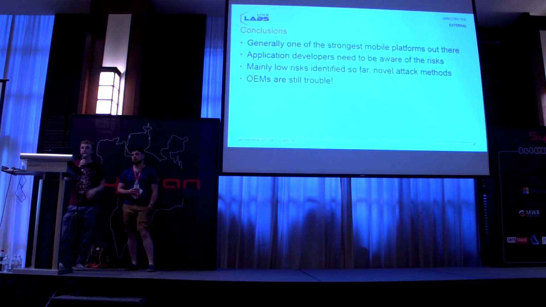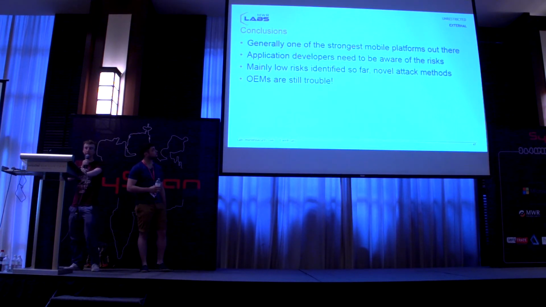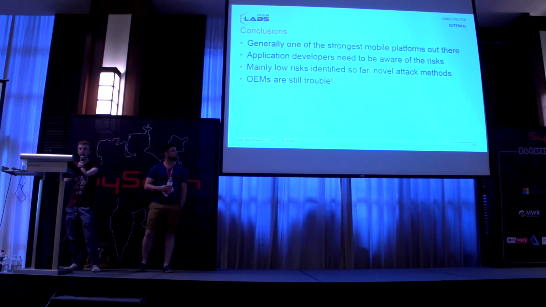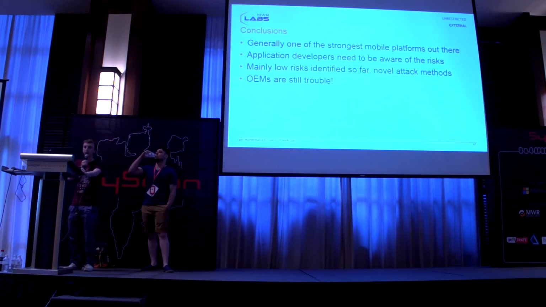So in summary, I see Windows Phone 8 as one of the strongest mobile platforms out there. The kind of attacks which we've discovered through our research are mainly low-risk issues, which an attacker would need to chain together to actually perform exploitation and compromise the phone, or compromise apps on the platform.